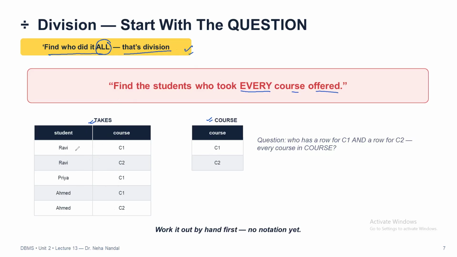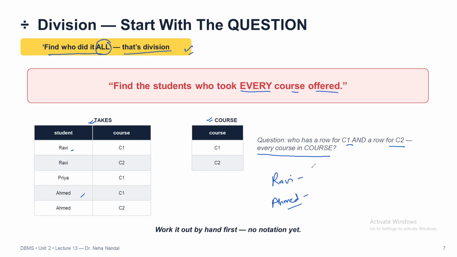So manually you can see there are two students, Ravi and Ahmed, who took all the courses C1 and C2. They have a row for C1 and a row for C2, every course in the course table. So you can simply see it by yourself. Ravi and Ahmed, these two students, have chosen all the courses. I hope you can understand this.